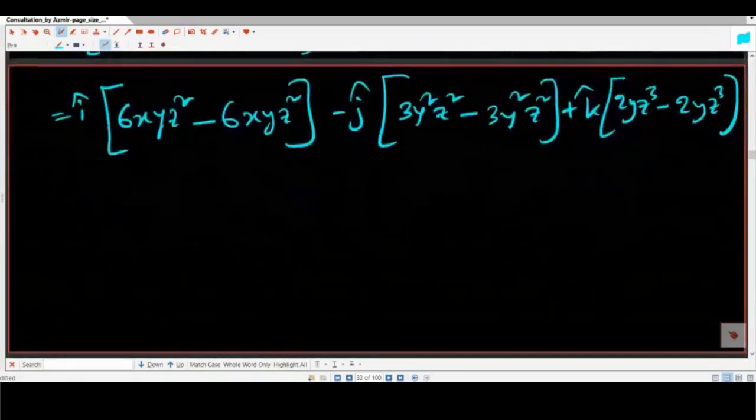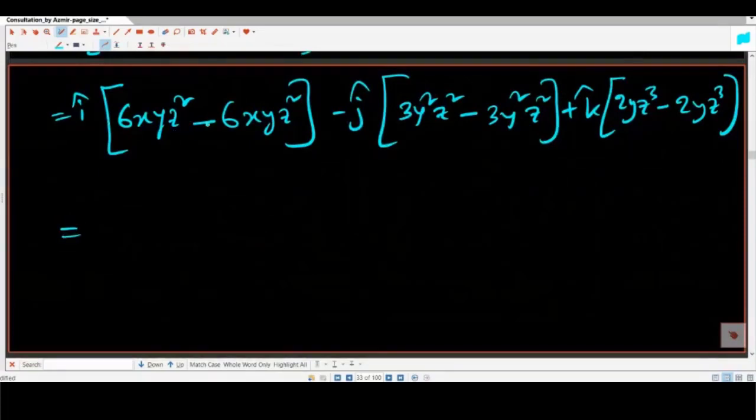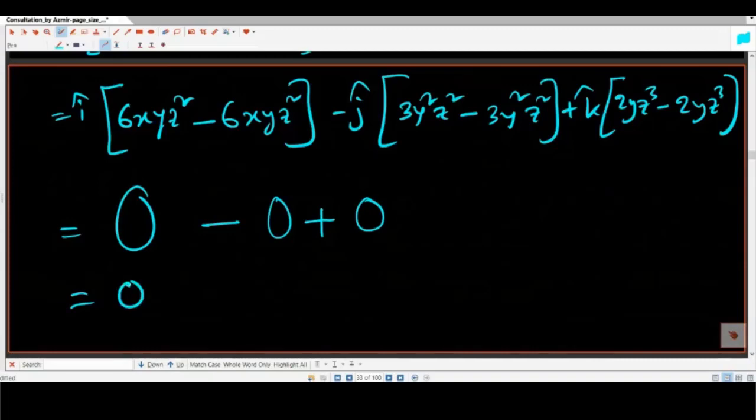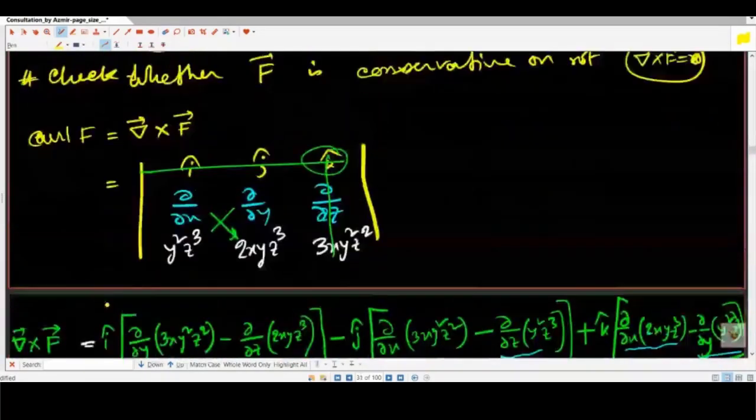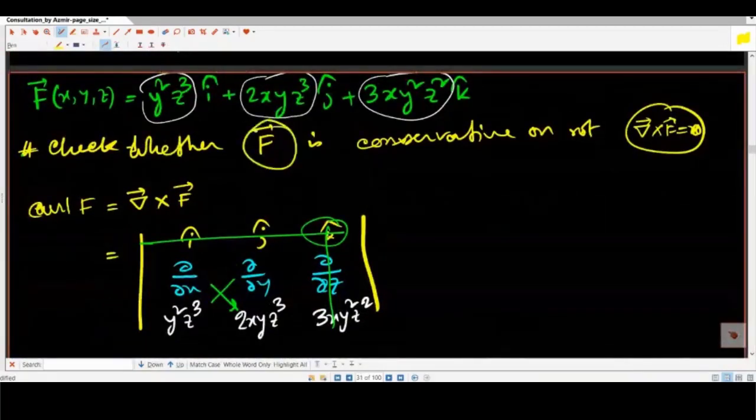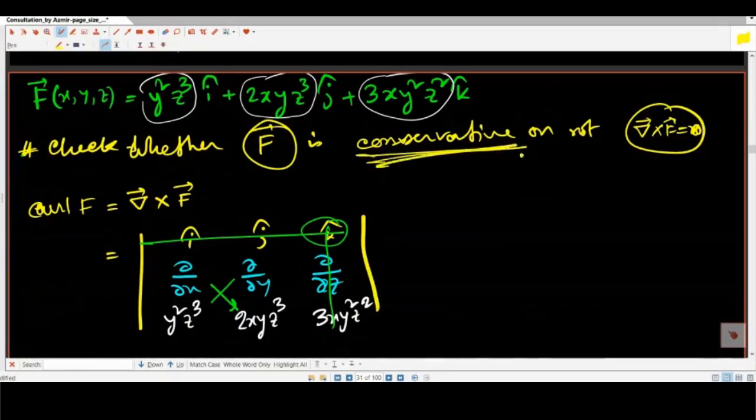So we can see that these two parts are same, so 0. Minus, these two parts are also same, 0. Plus, these two parts are also same, so 0. So finally we have curl f is equal to 0. That means the vector field that we have, f equals this one, is conservative.